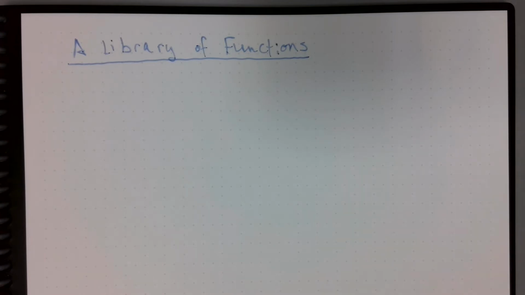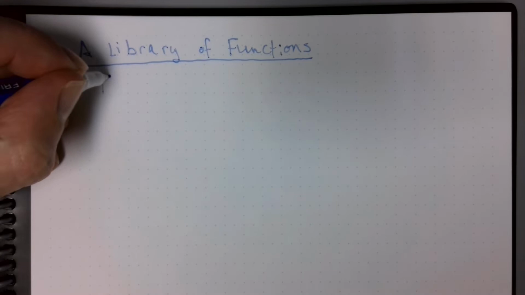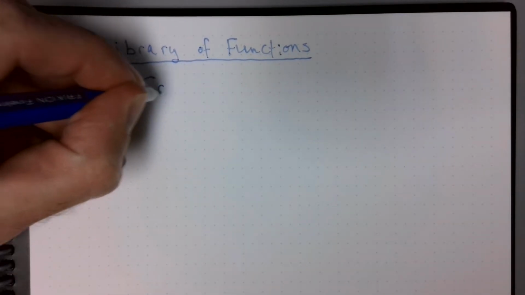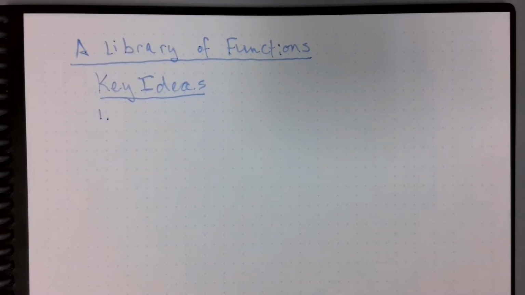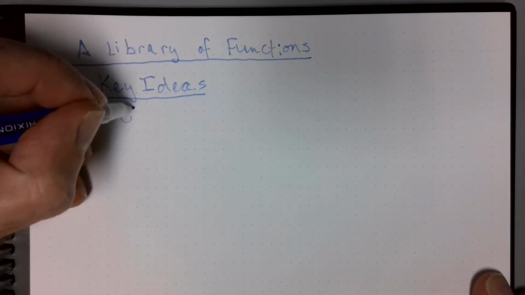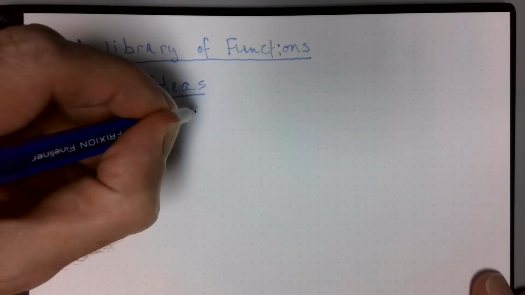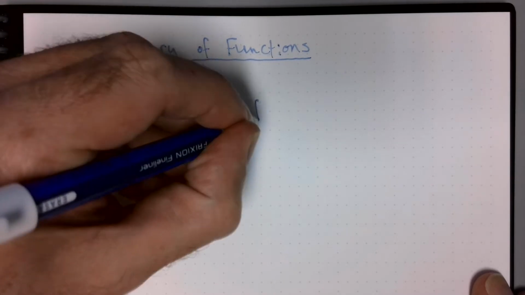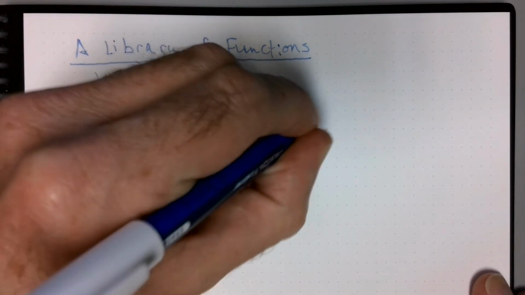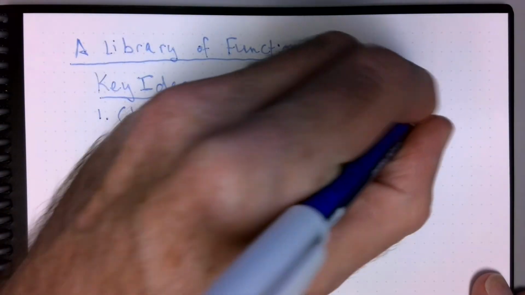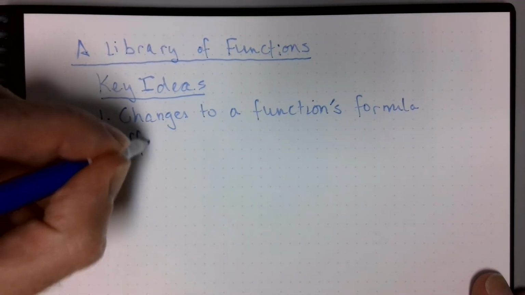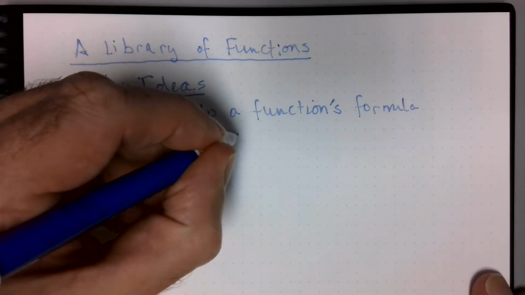This next series of videos will concern transformations of functions. So the key ideas that I want you to take away from this topic are the fact that changes to a function's formula affect the graph.